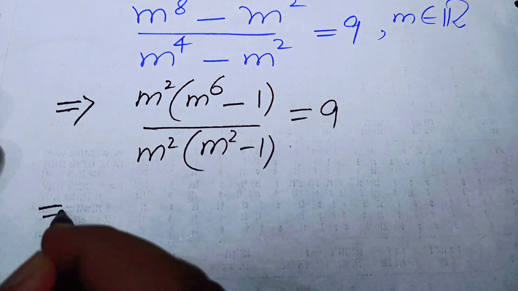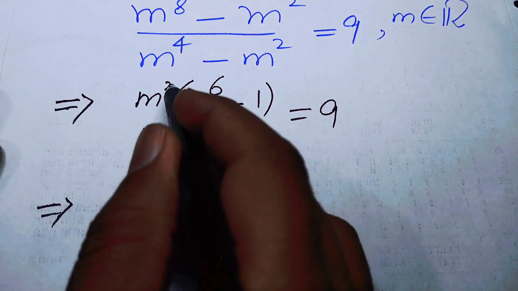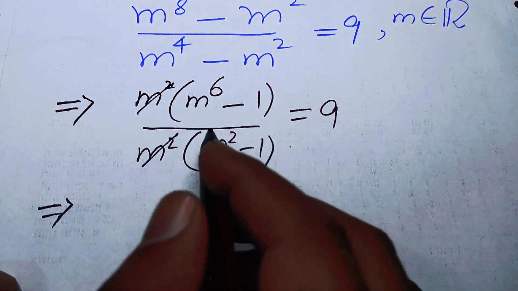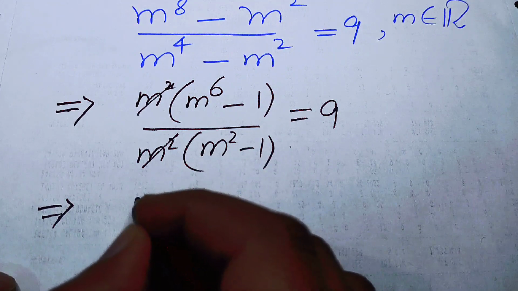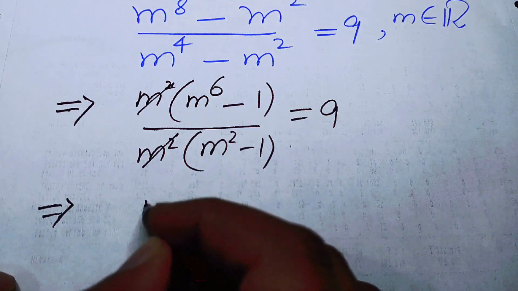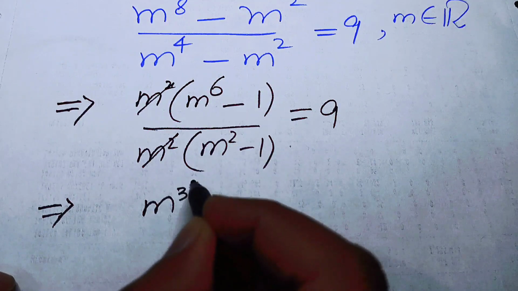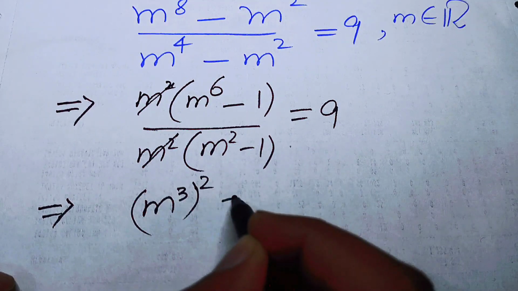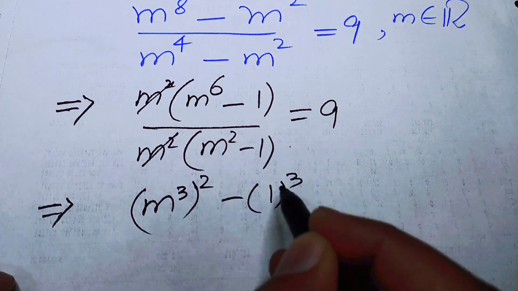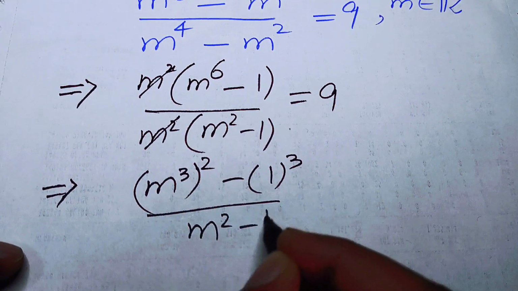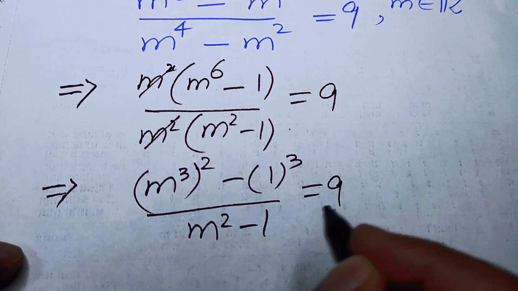After that, this m square is gone and we obtain (m to the power of 6 minus 1) over (m square minus 1), and we can write this m^6 as (m cube)^2... that is, (m square) cube minus 1 cube over m square minus 1 is equal to 9.